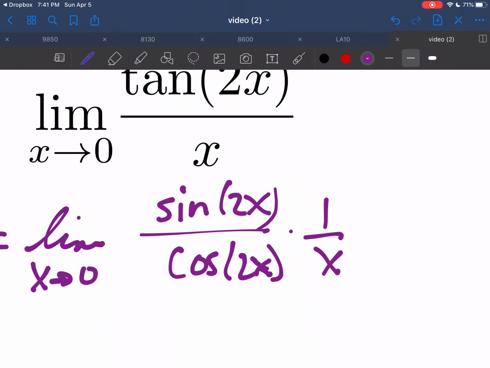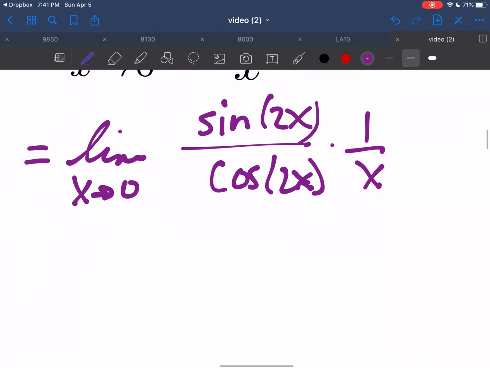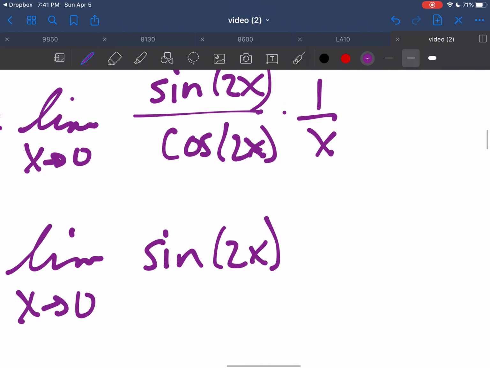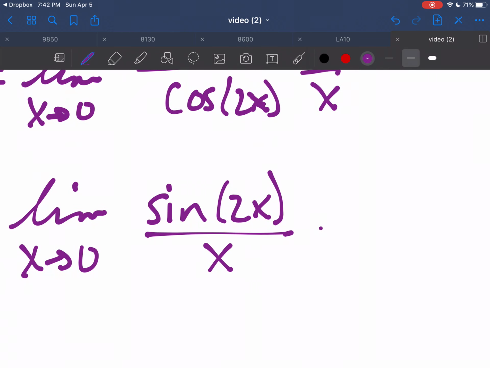Then we can split this again, and we get the limit as x approaches 0 of sine of 2x over x times 1 over cosine of 2x.